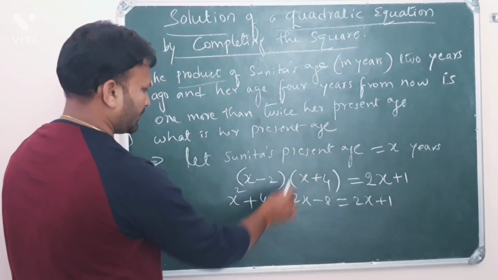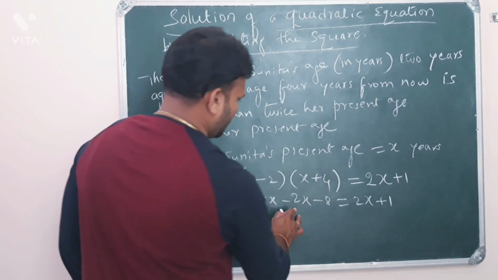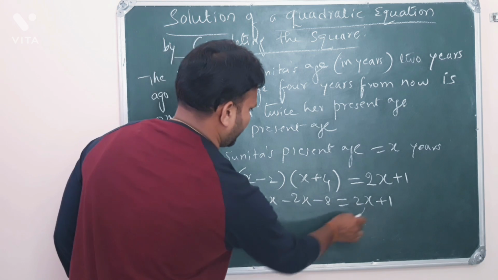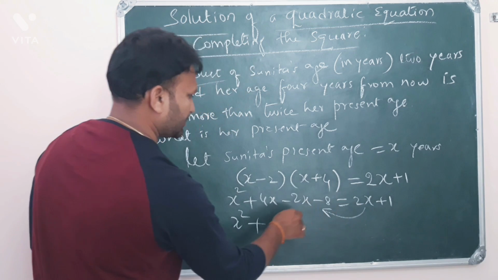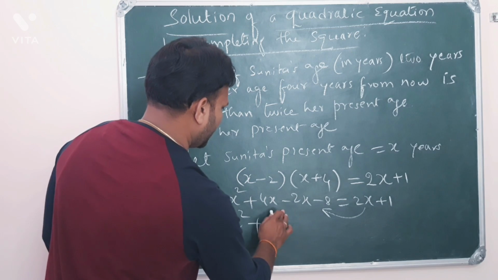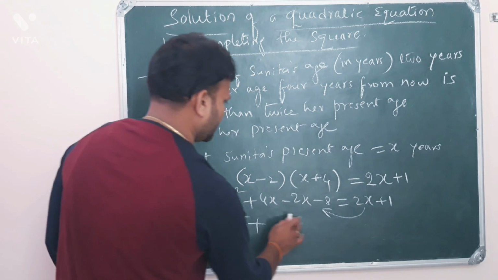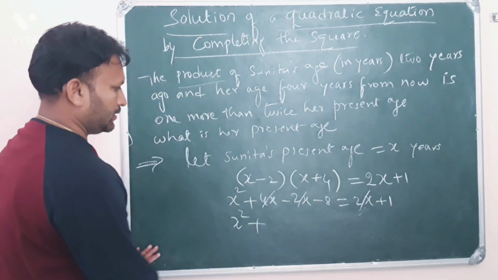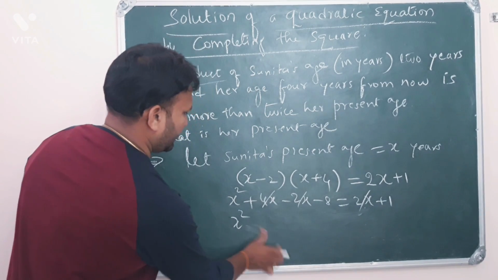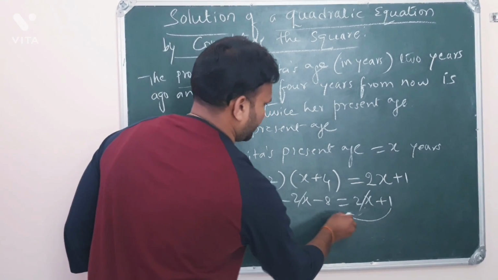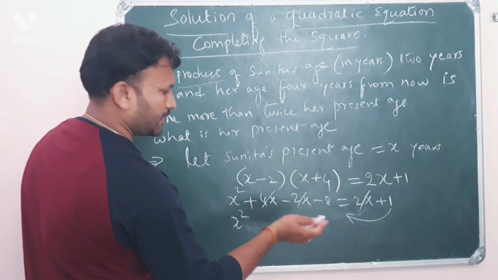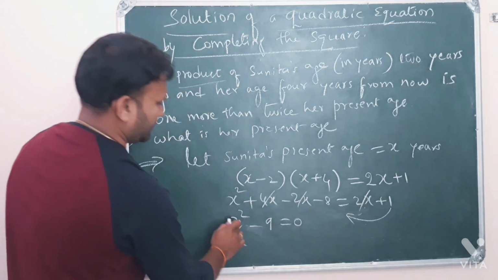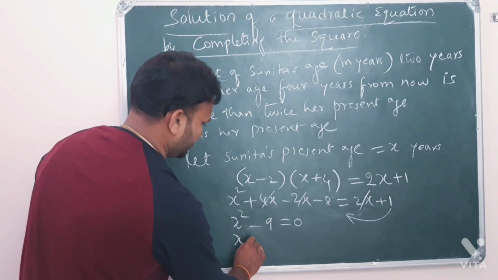Now if I take 2x this side it becomes minus 2x, so 4x minus 2x minus 2x cancels. And minus 8 plus 1 come this side, becoming minus 8 minus 1, minus 9. So x square minus 9 is equal to 0.